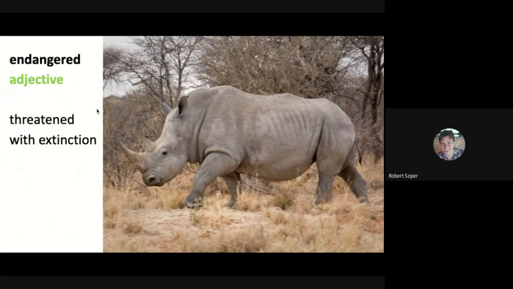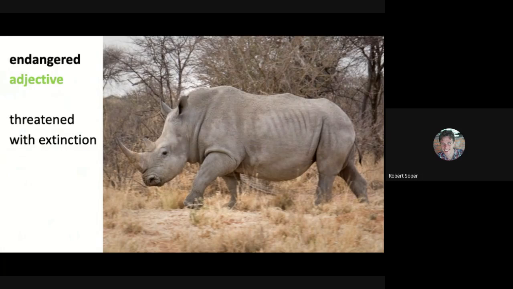Because they are in danger of disappearing. They are threatened with extinction. There aren't many rhinos left. Other animals which are endangered involve leopards, specifically moor leopards, gorillas, and orangutans.